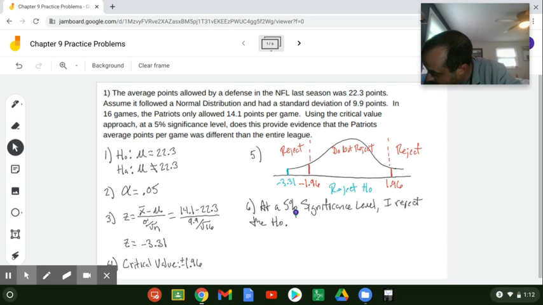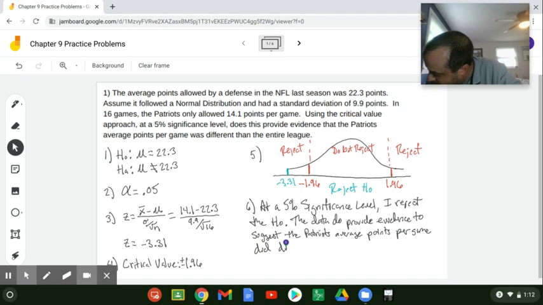So here, the data do provide evidence to suggest the Patriots' average points per game did differ from the 22.3 average of the NFL.